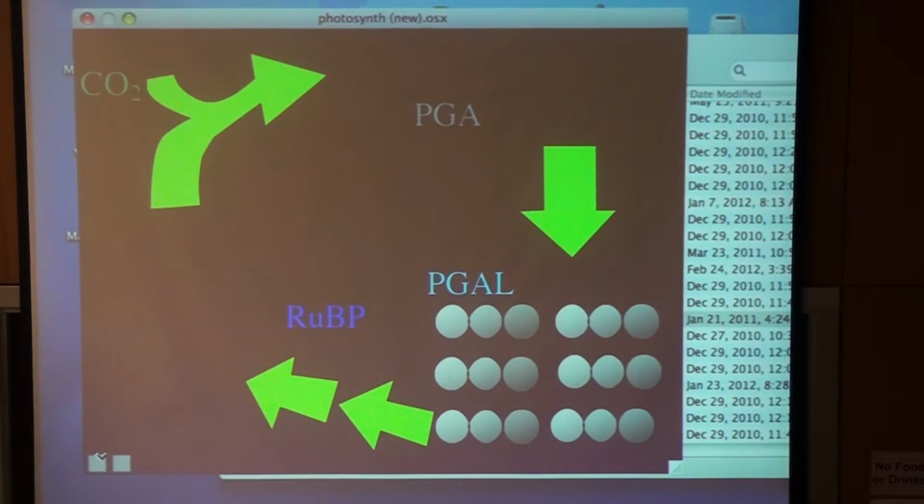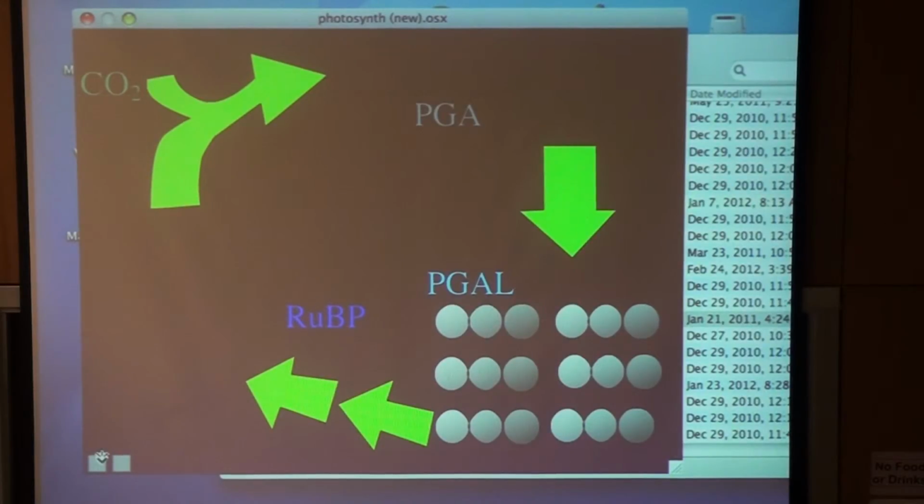5 of them, because the three RUBPs were how many carbons? Not 5. The three RUBPs were 15, right? Each RUBP is a C5 molecule. And since remember we started with 3 of those RUBPs there, that's 15 carbons. So we need to regenerate 15 carbons. And so how many of the PGALs is that?